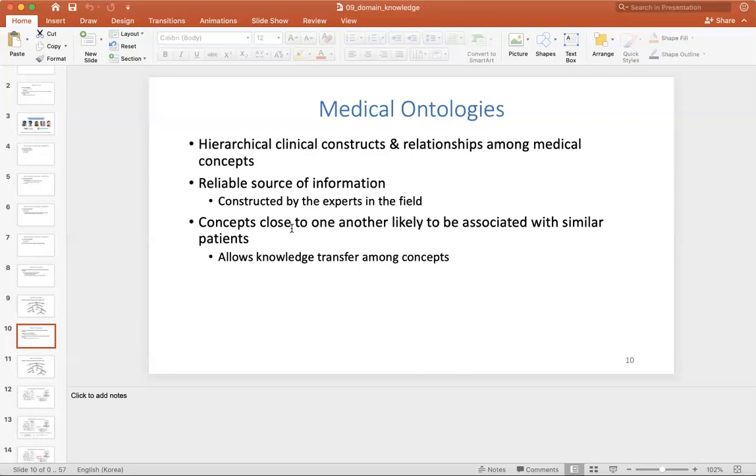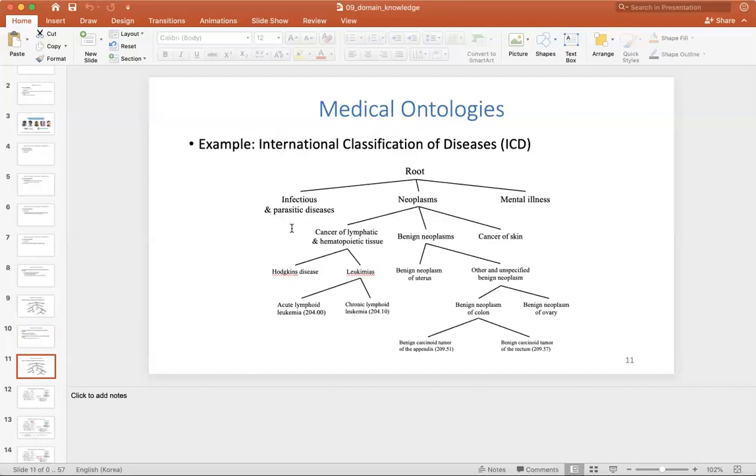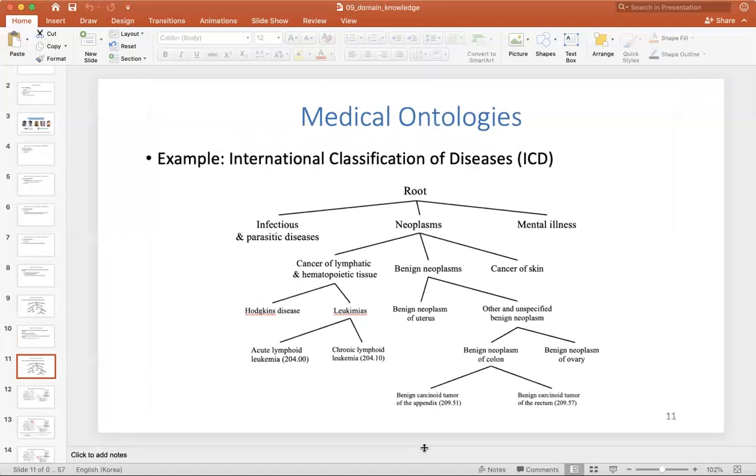As an example, we'll go back to the subset. Let's say this particular ICD-9 code, this particular disease, is a very rare disease. You don't see that very often in real life. But maybe this one is a very common one, and this is a very, very rare one.